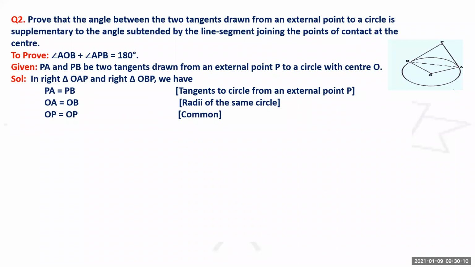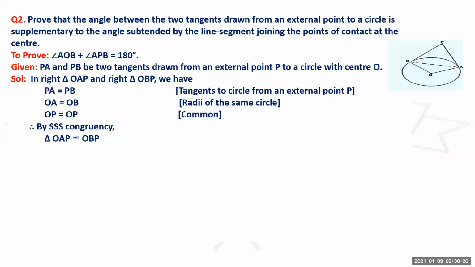OP equals OP, common. So therefore, by SSS test of congruency, you get triangle OAP congruent to triangle OBP.